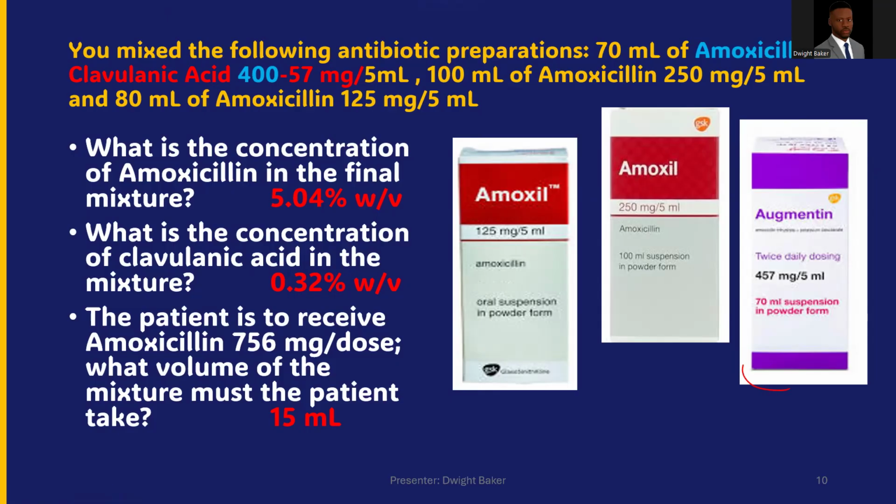You don't want to give all of that clavulanic acid because it might increase diarrhea for the patient. Okay. And so you look at it, okay, I can mix pure Amoxil. Now the Amoxil is coming from the same manufacturer. The Augmentin is coming from the same manufacturer. So I can give some Amoxil, which has pure amoxicillin, and then I will give some Augmentin, which has the amoxicillin and the clavulanic acid.